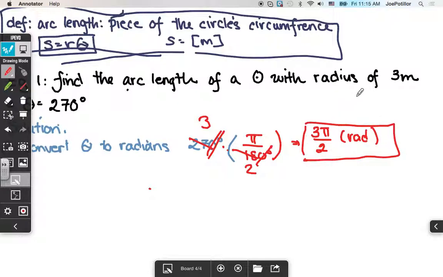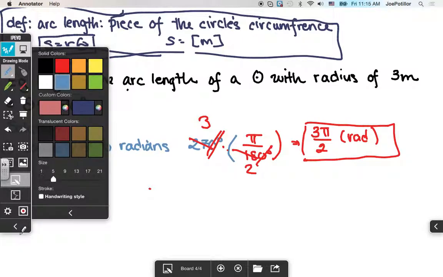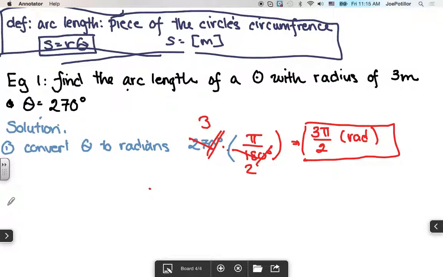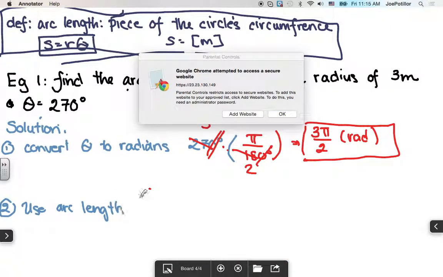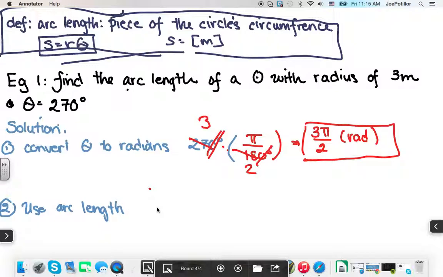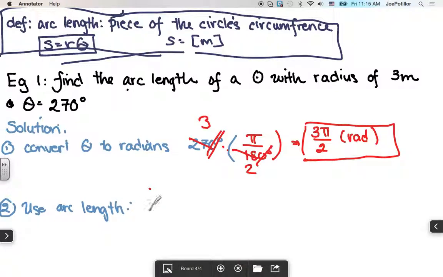Now, once we convert it, it's just a matter of using the arc length formula from this point forward. So step 2 is to use the arc length formula. S is equal to r times theta, which is of course 3 meters times 3 pi over 2 radians.